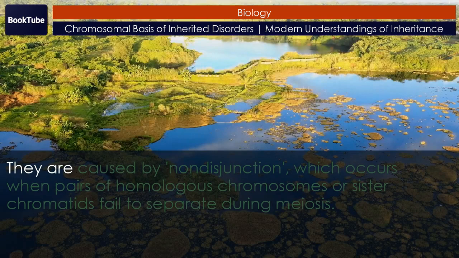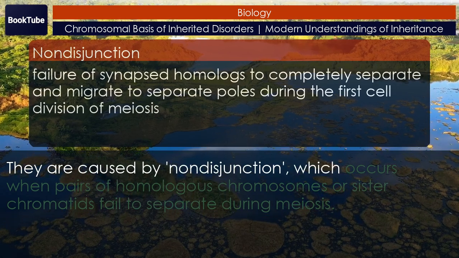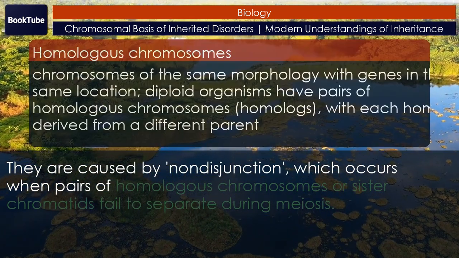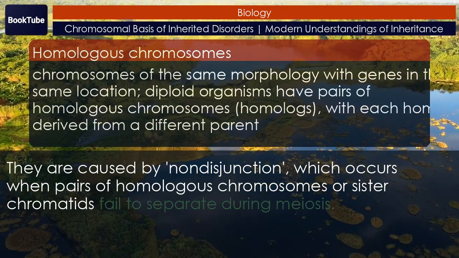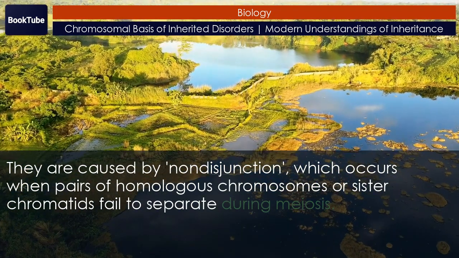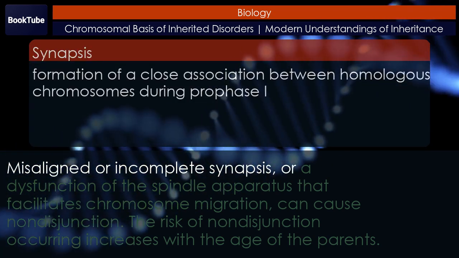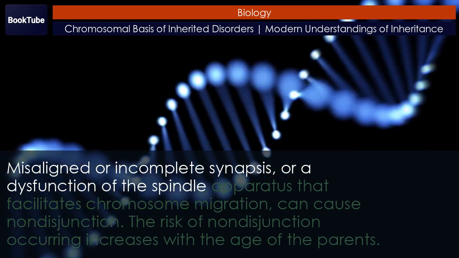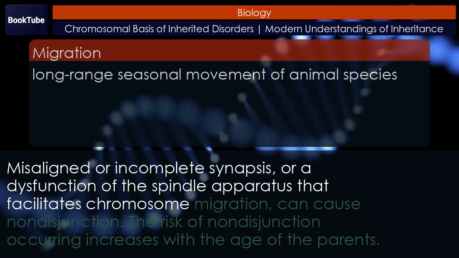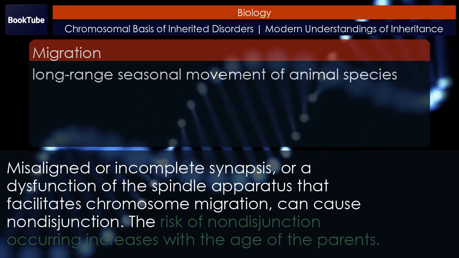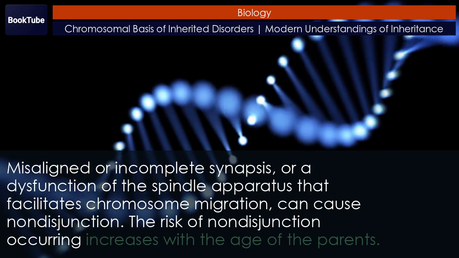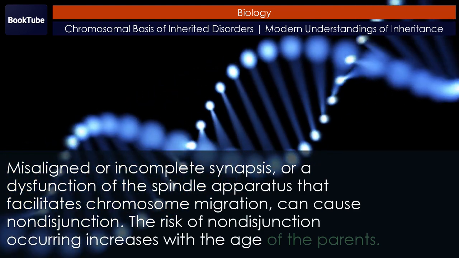They are caused by nondisjunction, which occurs when pairs of homologous chromosomes or sister chromatids fail to separate during meiosis. Misaligned or incomplete synapsis, or a dysfunction of the spindle apparatus that facilitates chromosome migration, can cause nondisjunction. The risk of nondisjunction occurring increases with the age of the parents.